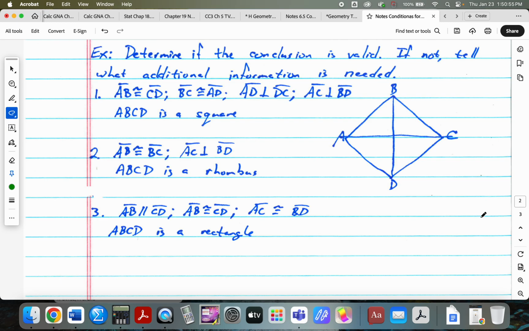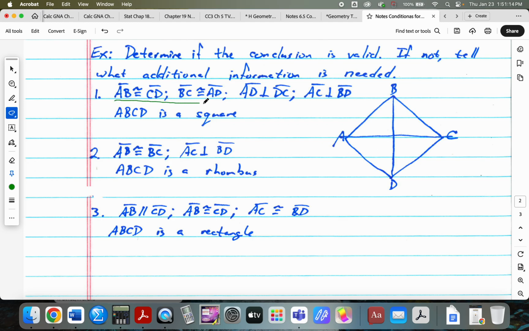Okay, let's take a look at this example. Determine if the conclusion is valid. If not, tell what additional information is needed. So let's look at this one. We've got AB congruent to CD, and BC is congruent to AD.